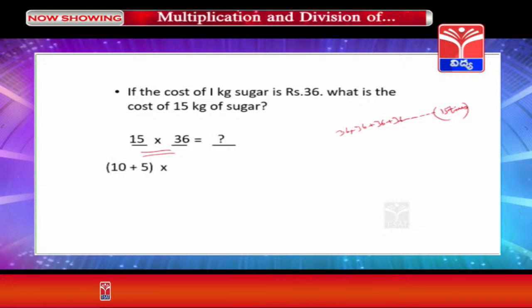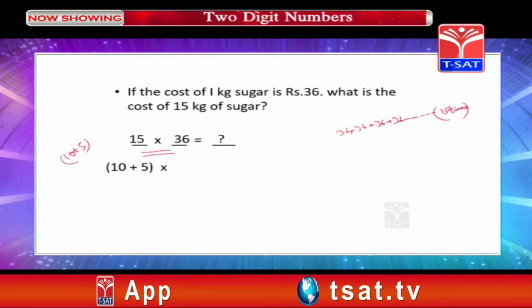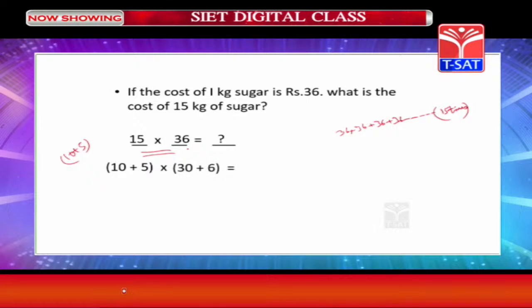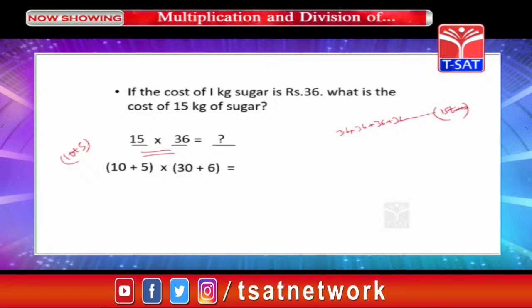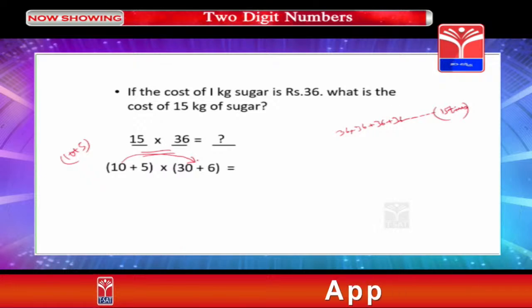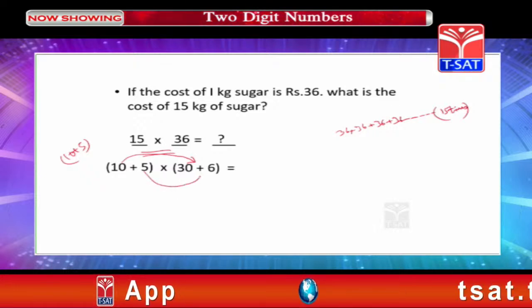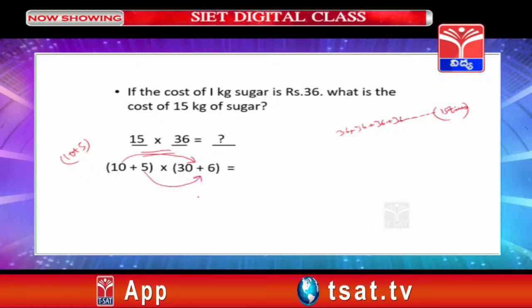In 15 there are 10 plus 5: 5 in the ones place and 1 in the tens place. So 10 plus 5. In 36 we have 30 plus 6 by using place values, right. Next we multiply 10 with 30 plus 6, and after that 5 with 30 plus 6, and then we add the results.